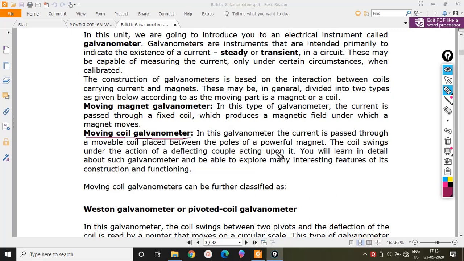Current is passed through a movable coil placed between poles of a powerful magnet, and the coil swings under the action of the deflecting couple acting on it, and there is the hairspring which provides a counter torque, and you get a deflection proportional to the applied current.